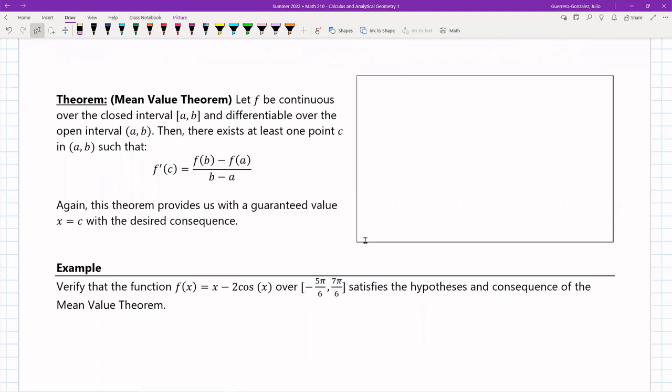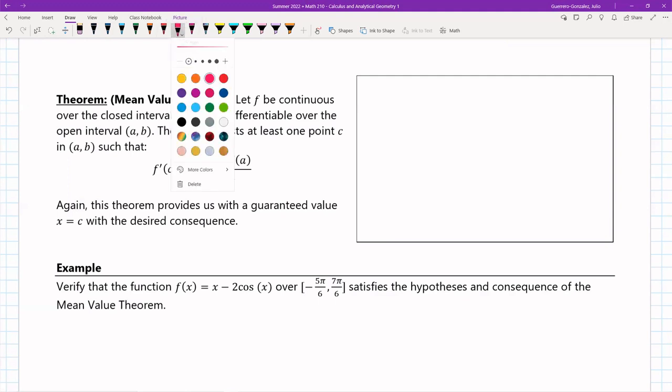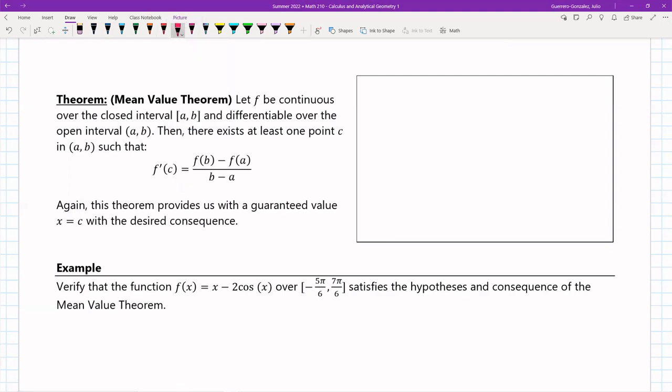The way that I like to describe this, to make it make a little bit more sense, is this. I'm going to write it this way: the derivative of f at x equals c. That's what the left-hand side of this equation means.